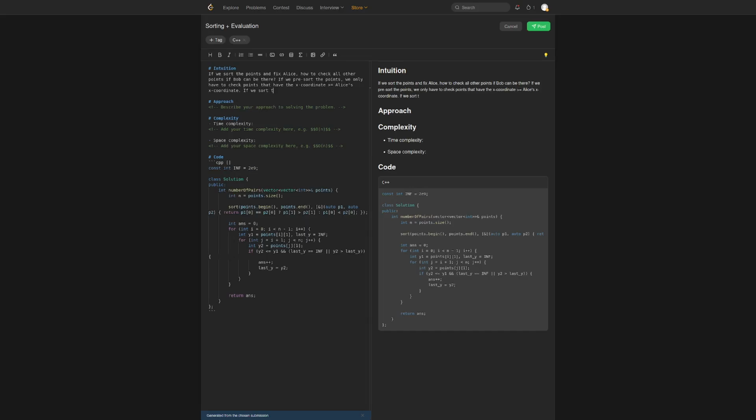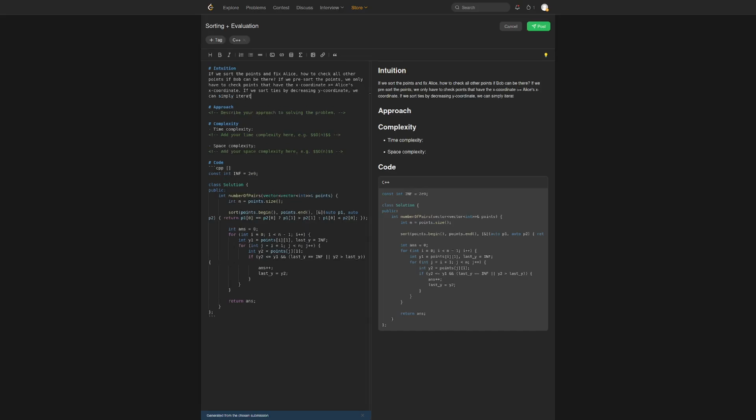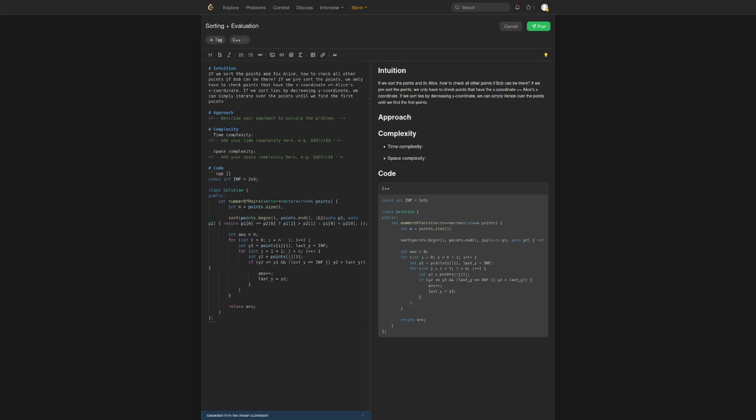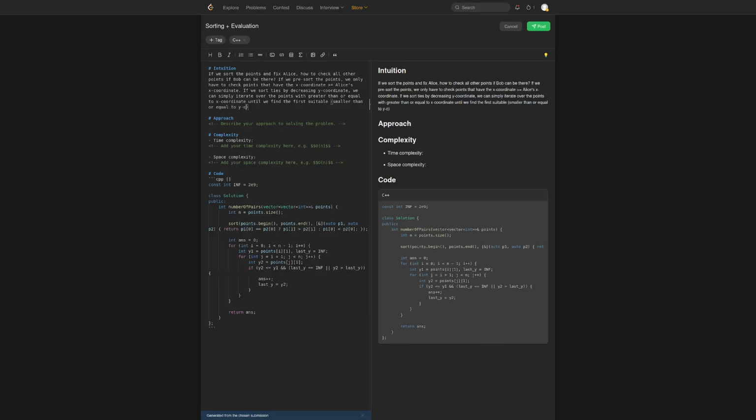If we sort ties by decreasing y coordinate, simply iterate over the points until we find the first point, the points with greater than or equal to x coordinate, until we find the first suitable smaller than or equal to y coordinate.